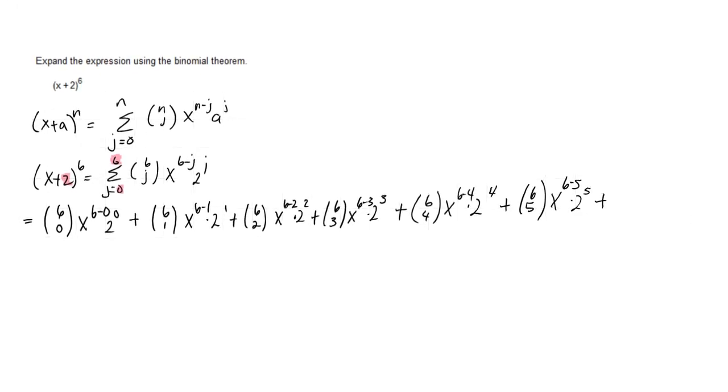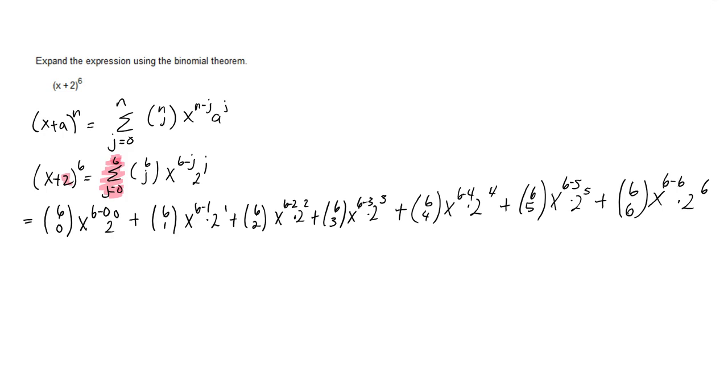And we have 6 choose 6 times x to the 6 minus 6 times 2 to the 6. Now we've written out the entire sum from j equals 0 to 6, and we need to simplify all the parts.